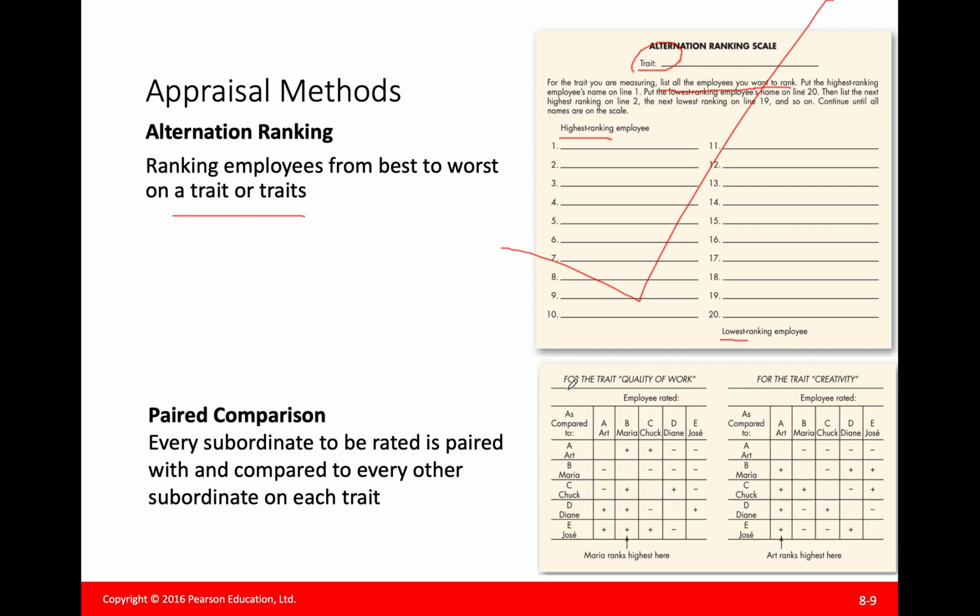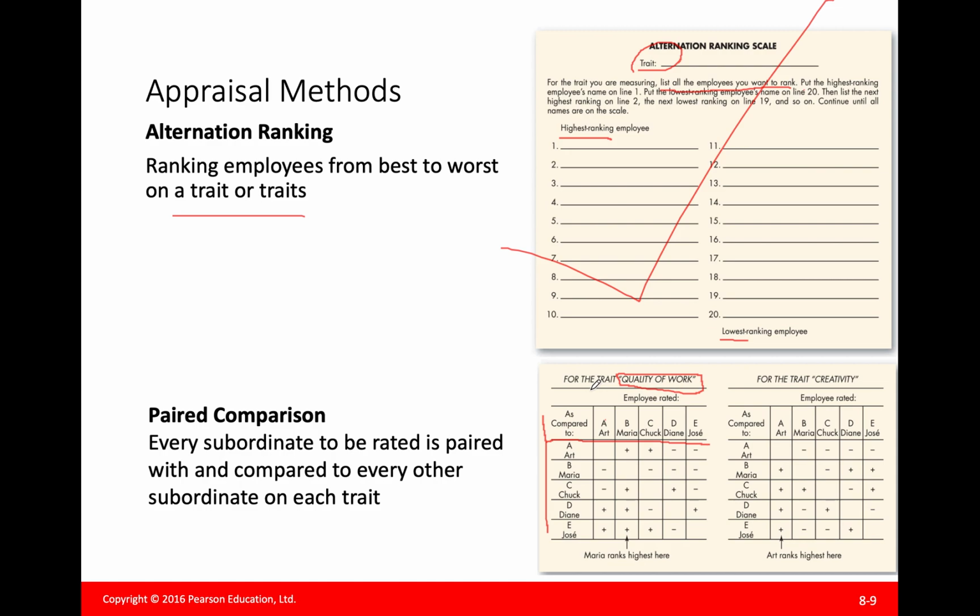So look at this, for the trait quality of work. They organize each of the employees' names on the horizontal row, and then vertically. You can see each employee is compared to each of the other employees in each trait.